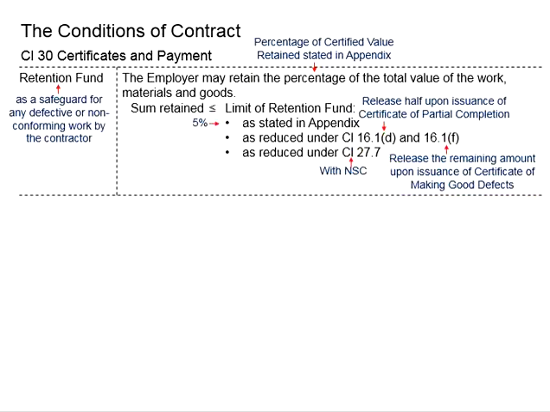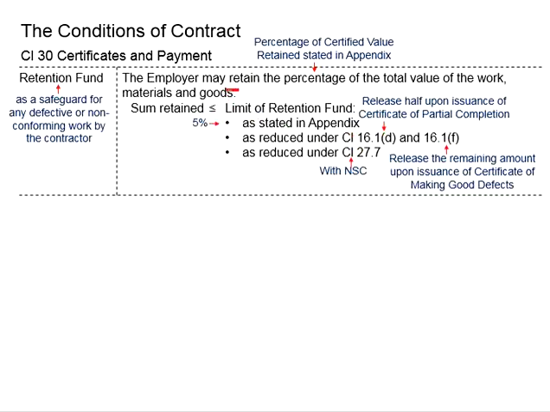Theoretically, the entire project ends after the certificate of making good defects, or in other words, after all the defects have been made good, there is no need to further rectify the work, as it is no longer under the liability of the contractor, since it has already exceeded the defect liability period.